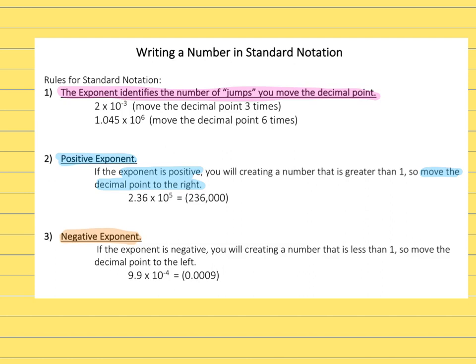Then if the exponent was negative, you will move the decimal point to the left because you're trying to make a number less than 1. And now we're going to try a couple of those.